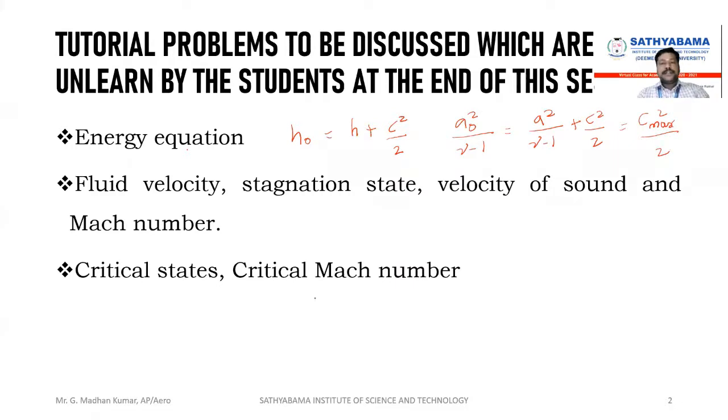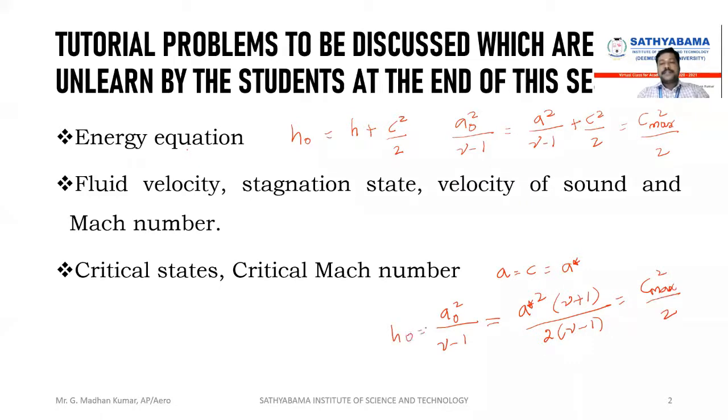And then if we substitute for critical states, a and c as a*, that is the critical state, the same equation becomes a0²/(γ−1) = a*²(γ+1)/(2(γ−1)) = c_max²/2. And this is always said to be the h.